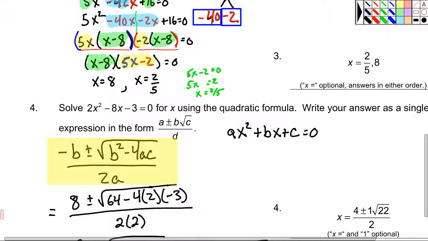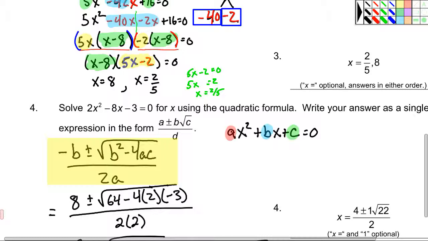And all it really says is that the leading coefficient on the x squared term is your a. The coefficient on the x term is b, and the constant we'll call c. Okay, straight up number.